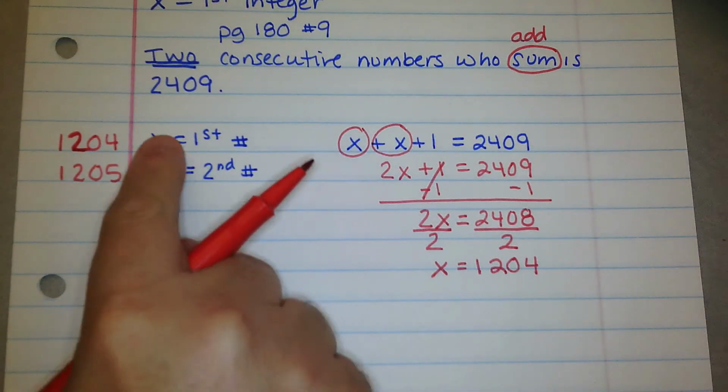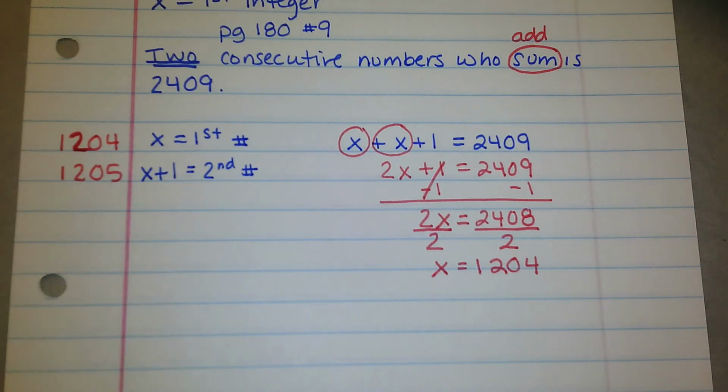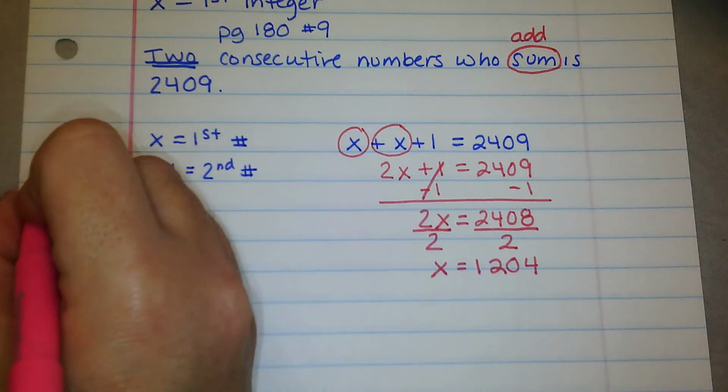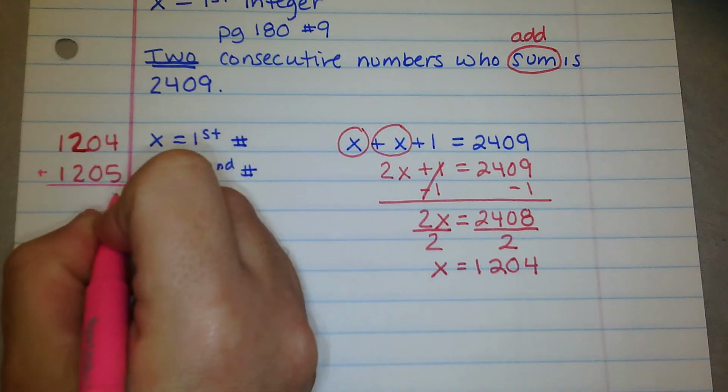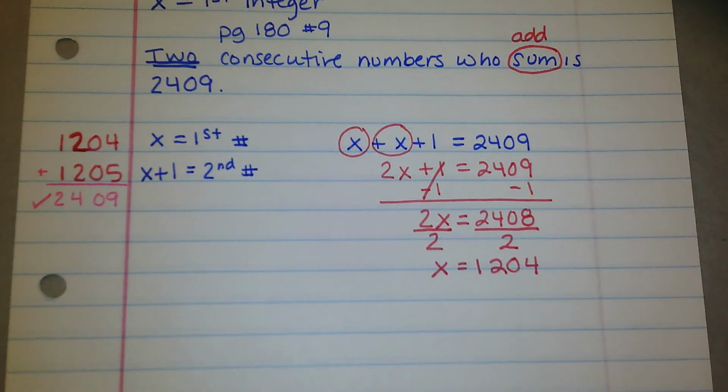It's just one bigger than that. And to verify that we did this correctly, on the side over here, we can peek and see if it actually does add up to 2,409. Add them up on the side. This gets 9. There's a 4. There's a 2. Boom. It works.